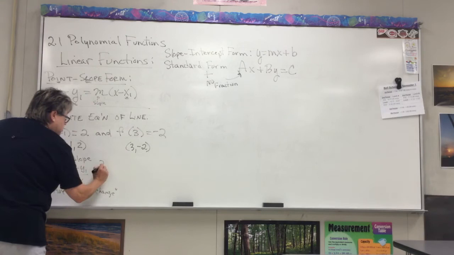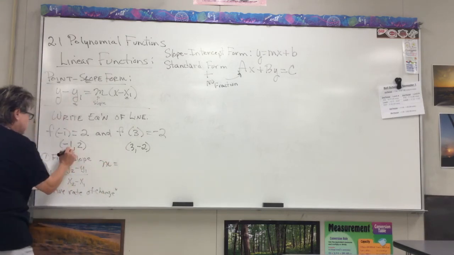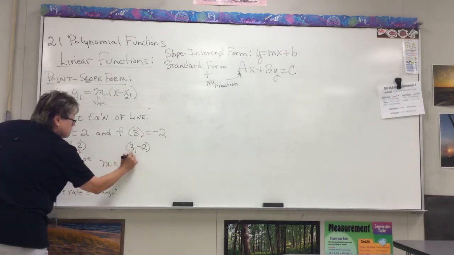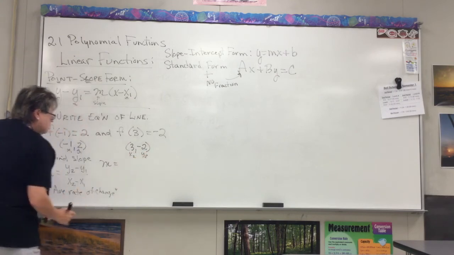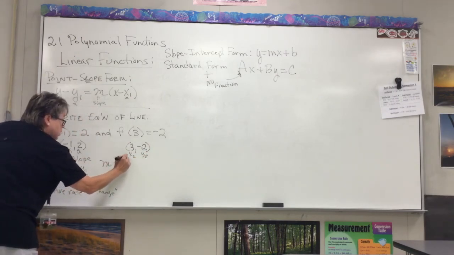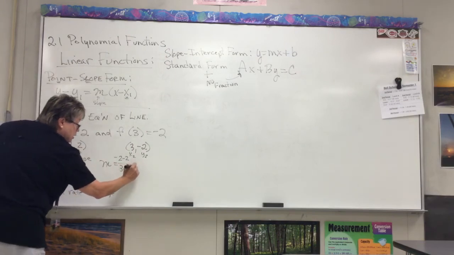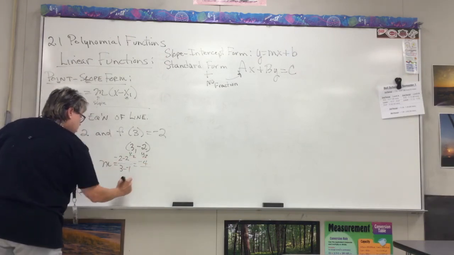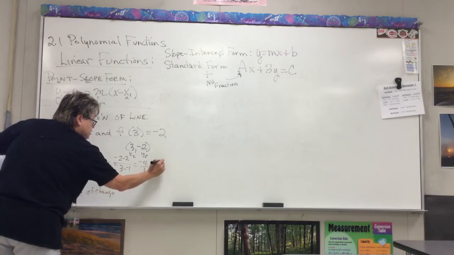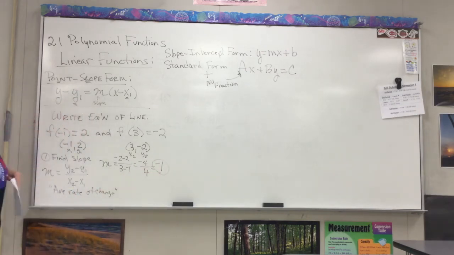So if we do that for these points, and I think of this as x1, y1, x2, y2, we've got -2 minus 2 over 3 minus -1. -4 over 4 is -1. So there's my slope.